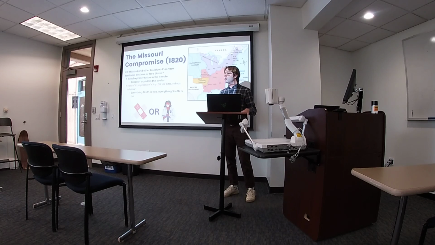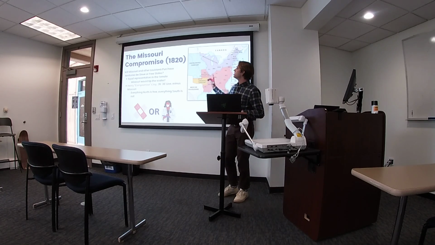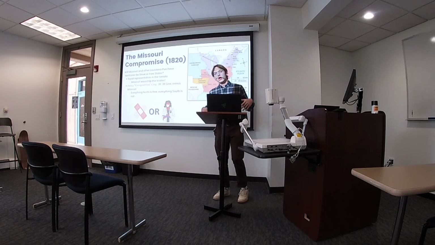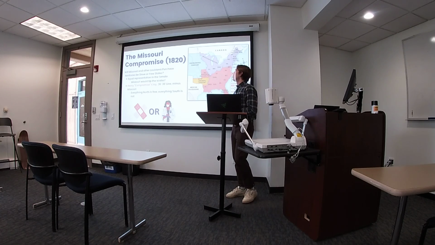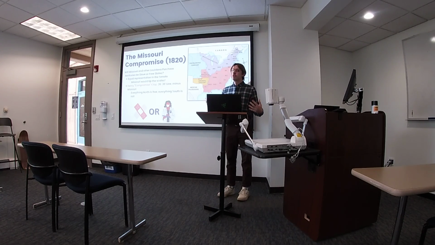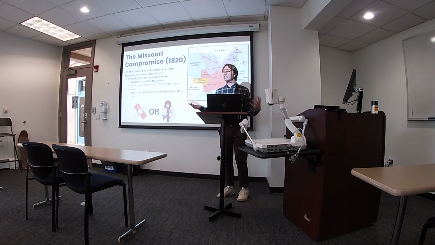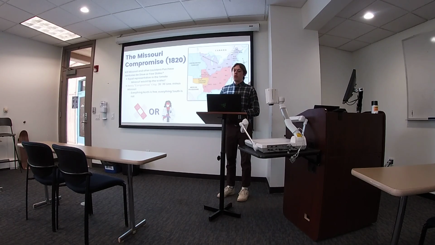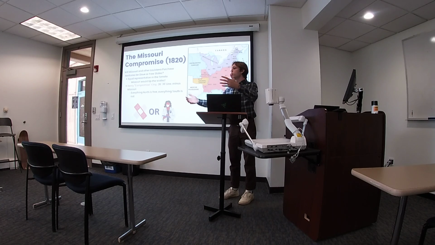The first issue and event that we're going to talk about today is the Missouri Compromise. After we acquired all the territory in the Louisiana Purchase, the big question was, will this new territory be a free or slave state? We had all this unorganized territory that we wanted to bring into the Union, and the first state that was brought in was Missouri.